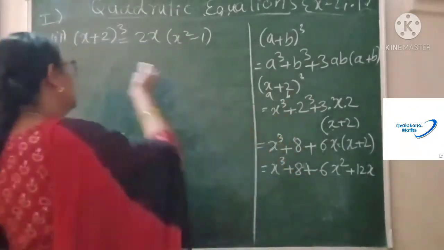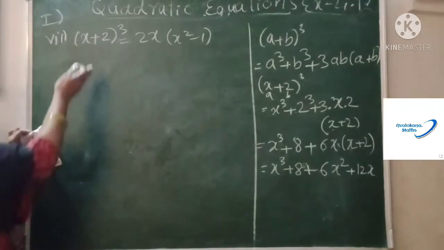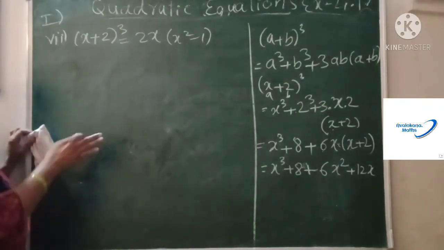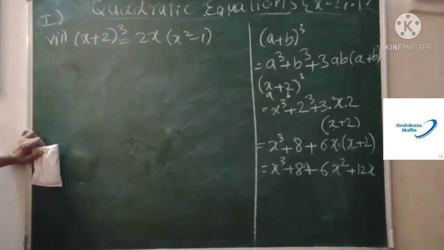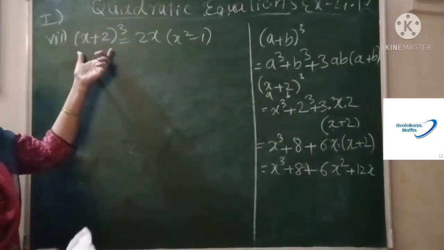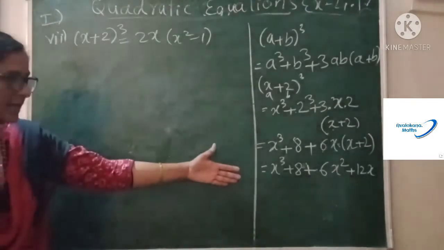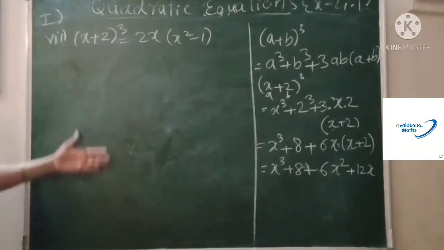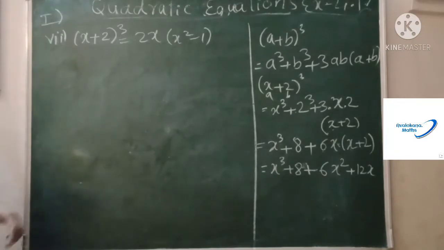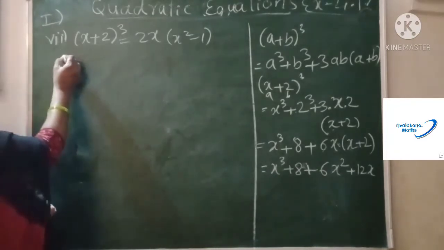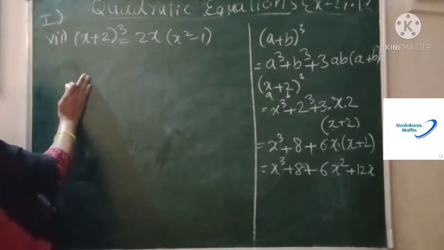You have to solve this in the solution also, but if I solve it directly here, it may confuse people. Separately I have shown the expansion so that you can proceed here very easily without any mistakes or confusion. Now, continuing, we have to solve here also.